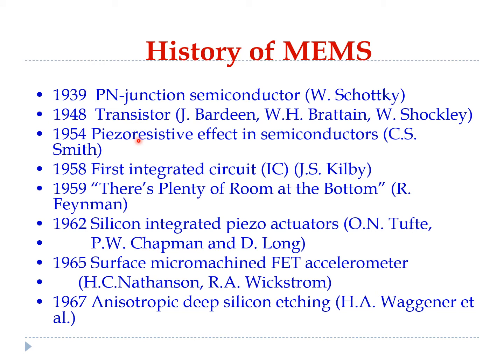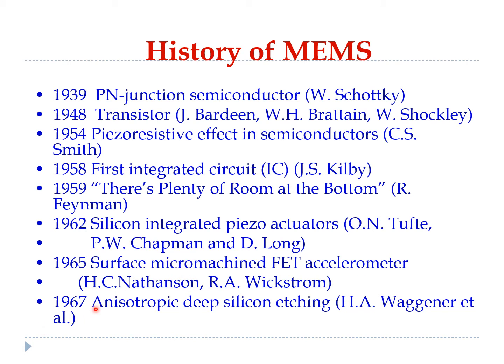In 1954 the piezoresistive effect on semiconductors arrived, and in 1958 the first IC, that is the integrated circuit, was made by J.S. Kilby. In 1959 came 'There is plenty of room at the bottom', and in 1962 silicon integrated piezo actuators were developed. In 1965 the surface micromachined resonant accelerometer, which is the first MEMS product.